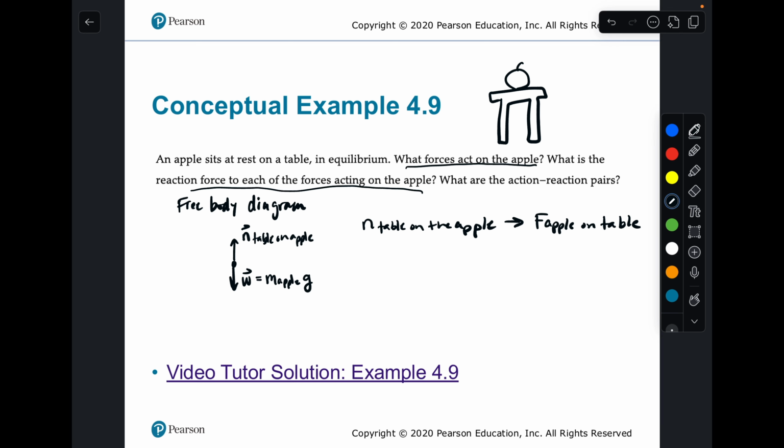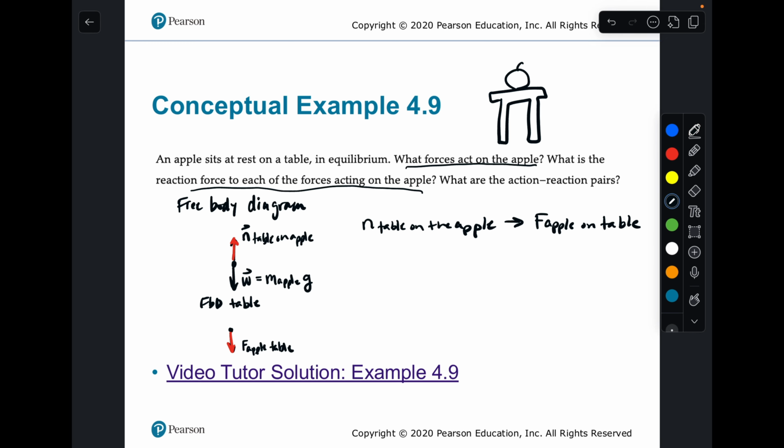So if we were to draw a free body diagram of the table, that action-reaction pair would be right here, right? It's the force of that heavy apple pushing down on the table. So I'll make these red.